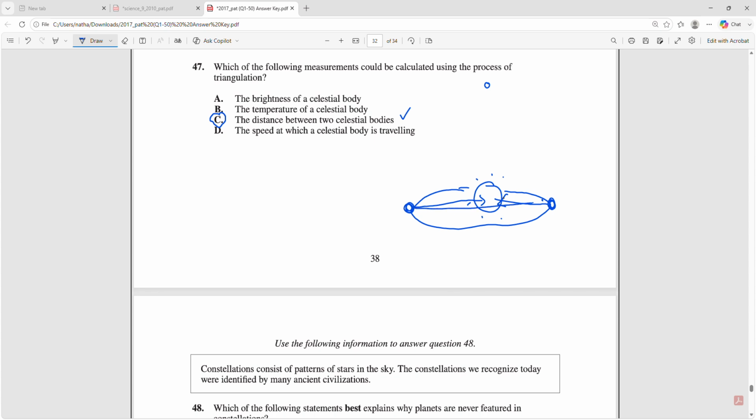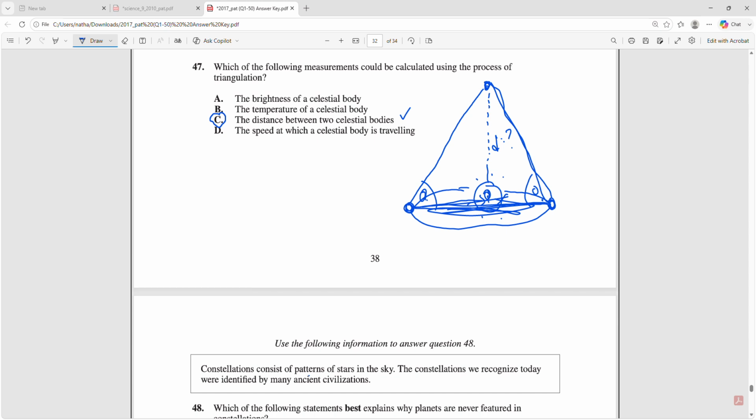So we know this distance between these two points, and we can measure towards this object, we can measure an angle. Okay, and so when we know these angles and we know our distance, we can calculate this length here. So we can use trigonometry and math to calculate this distance. So we can therefore calculate the distance from, for example, our sun to this planet or to this far off object, whatever it might be.